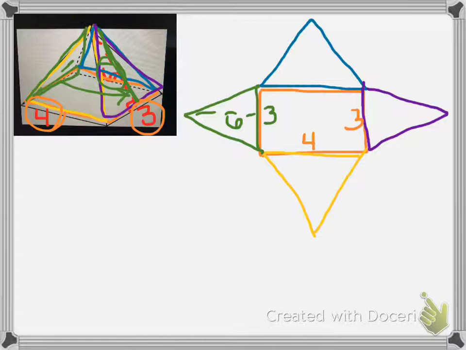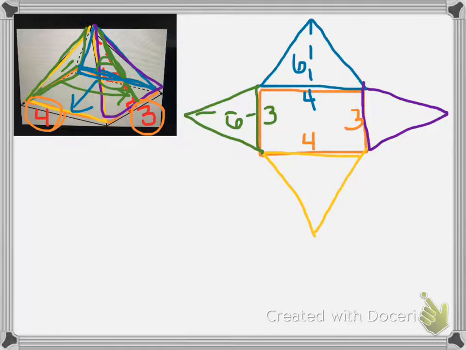All right, let's go ahead and do the blue. This back line here is opposite from this rectangle line here, so this is going to be 4. Put it on the inside, and then the height, just like on our other triangle, is 6.